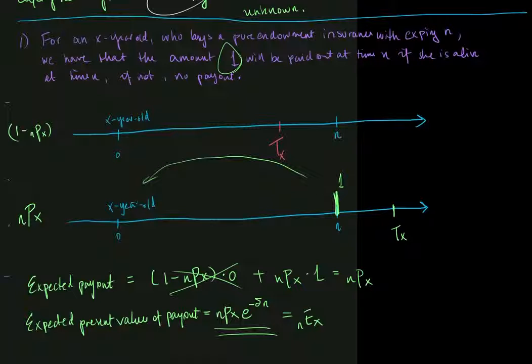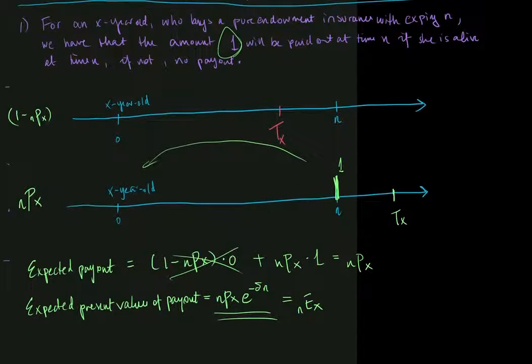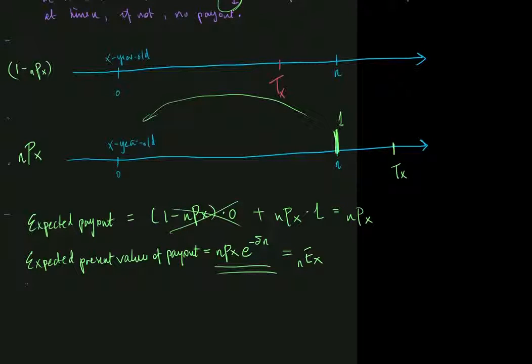Now, another question. Why is this even interesting? Well, again and again, you will be interested in finding the expected present value of a life insurance contract. The reason is that by finding the expected present value of a life insurance contract, the life insurance company will know how much money to set aside in order to meet their future liabilities. This does not work if the company only has one customer.